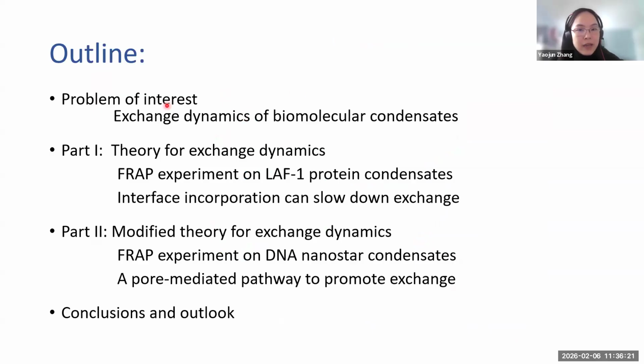And I will first lay out the problem of interest, what is the exchange dynamics I'm talking about. And then my talk will follow with two parts. In the first part, we developed a theory for the exchange dynamics of condensate, which was inspired by FRAP experiments on LAF1 protein condensates. And in particular, we found that interface incorporation can be slow and can limit the exchange dynamics.